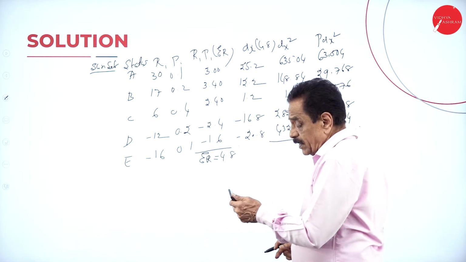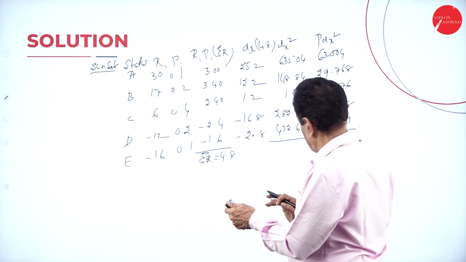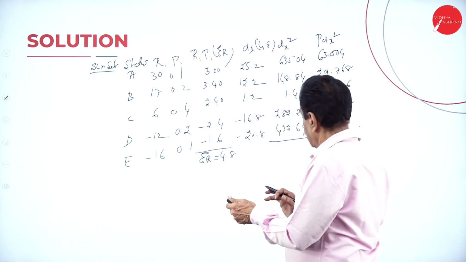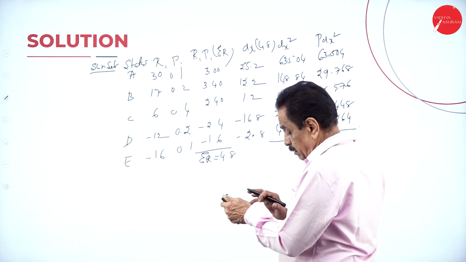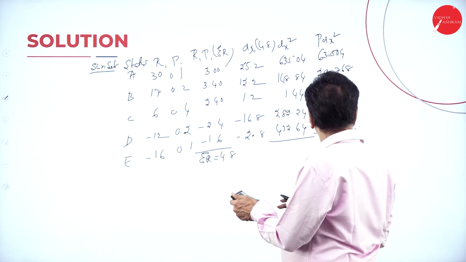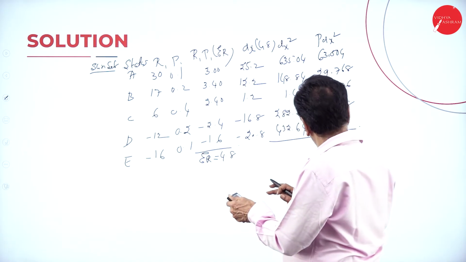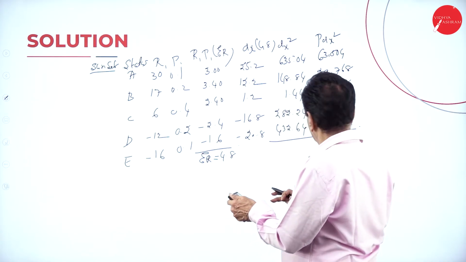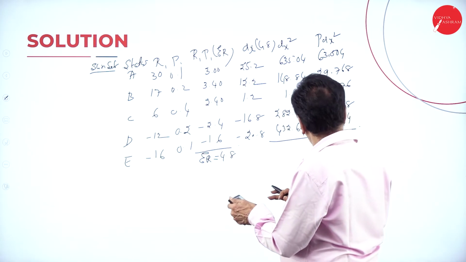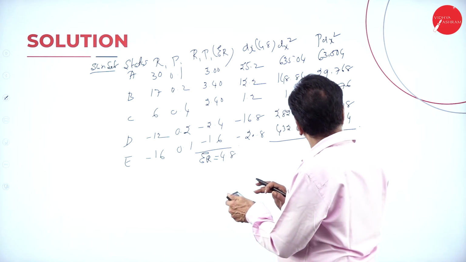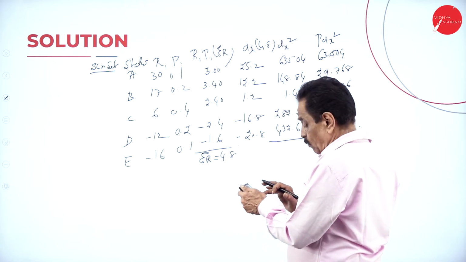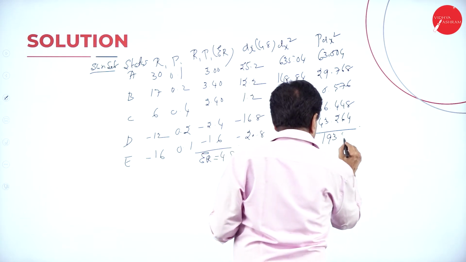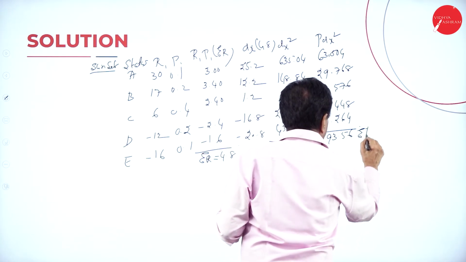Add the figure. 43.264 plus 56.448 plus 0.576 plus 29.768 plus 63.504. 193.56 is sigma PDX square.